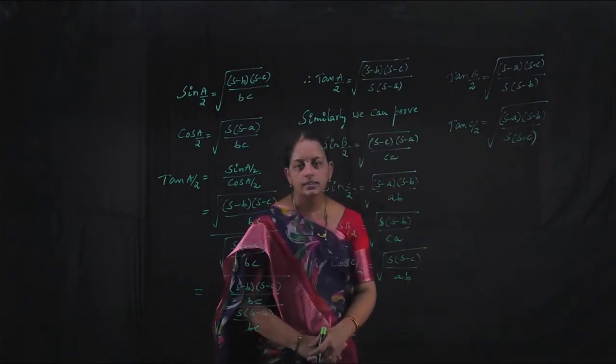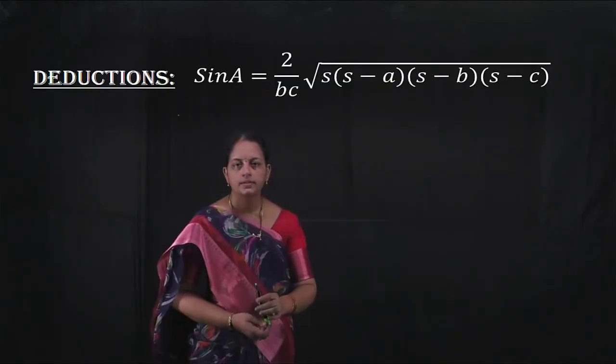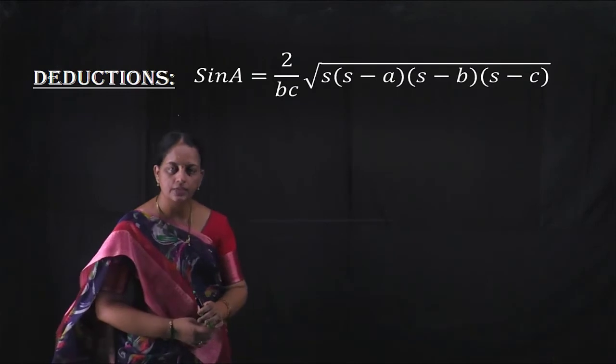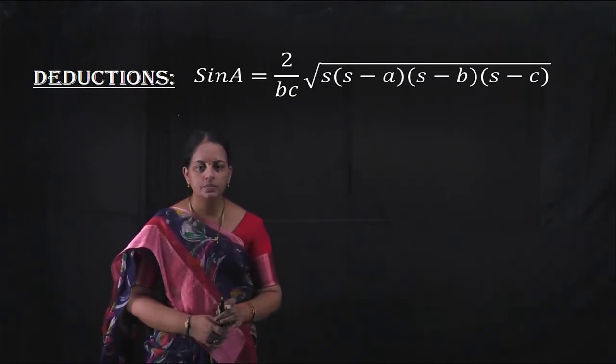Okay, let us see the deductions. sin A is equal to 2/bc into root of s(s−a)(s−b)(s−c).